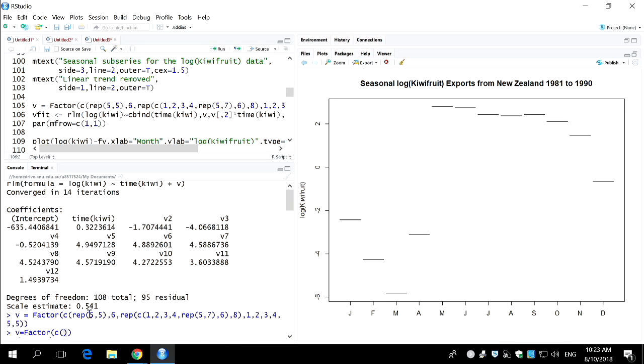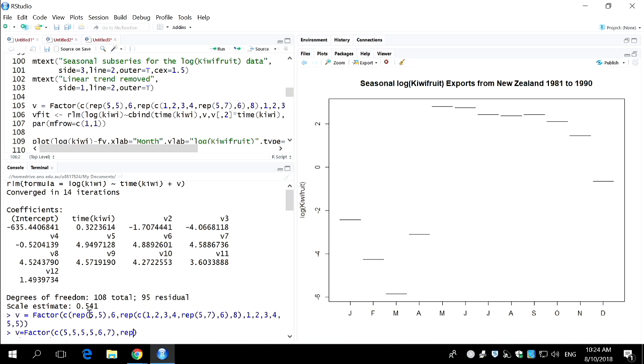So let's do that. July is 5. What's after July? August, 5. September, 5. October, 5. November, 6. December, 7. So that's the first bit of the data.